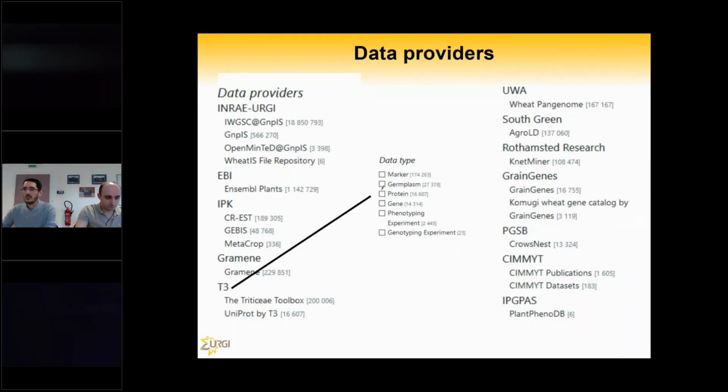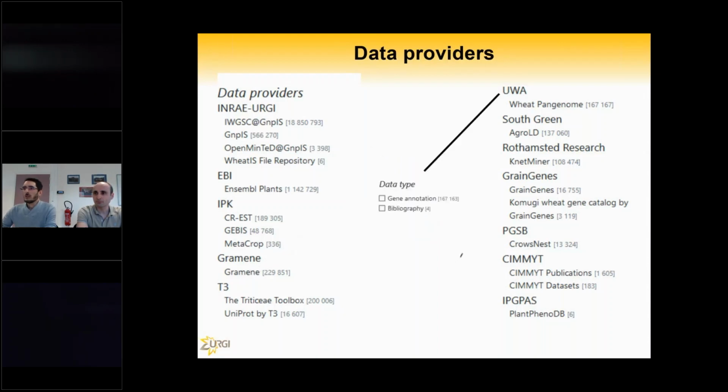As you can see, they also provide protein data. If you look at the databases provided by the 3CC toolbox, you can see that UniProt is under the umbrella of T3, because I have made an effort to index wheat-related proteins from UniProt and give them to the WheatIS Federation.